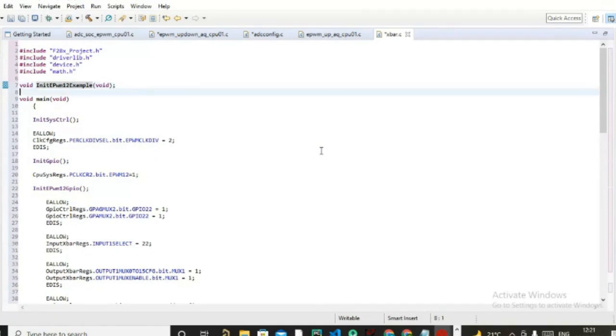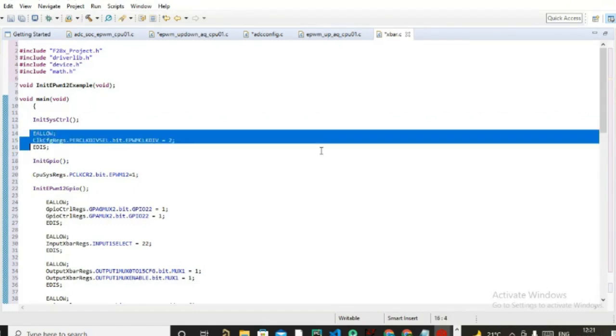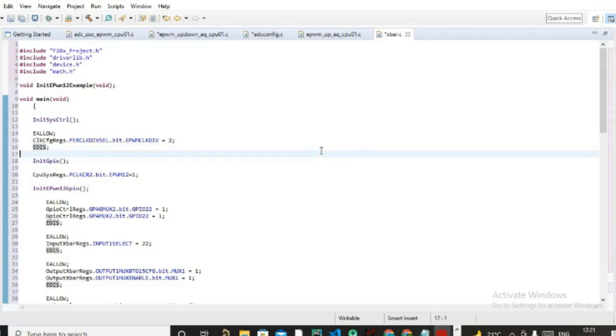As per the rule, I have enabled the clock of the epwm 12 module. Sorry, this is to divide the clock of EPWM, the peripheral clock division. If I am dividing it by 2, my clock frequency will be 100 megahertz only. If it is 1, then it will be 200 megahertz.